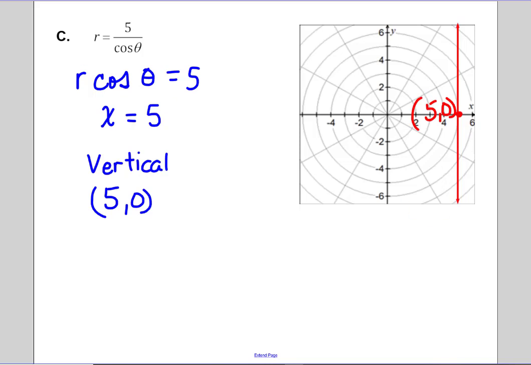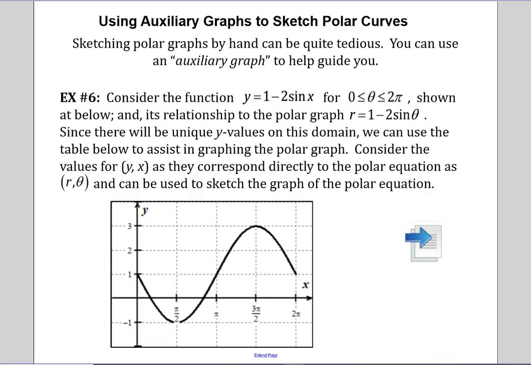And then the last thing we want to look at from pre-calc is how you can use an auxiliary graph to be able to sketch a polar curve. So consider the function y equals 1 minus the sine of 2x from 0 to 2 pi. So we have one full revolution of that function, and it's shown in the graph below.